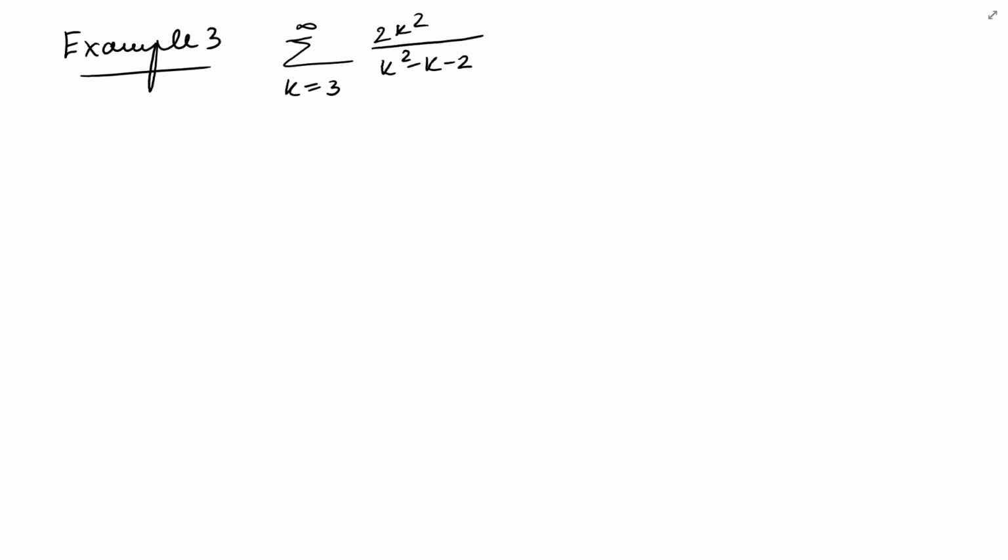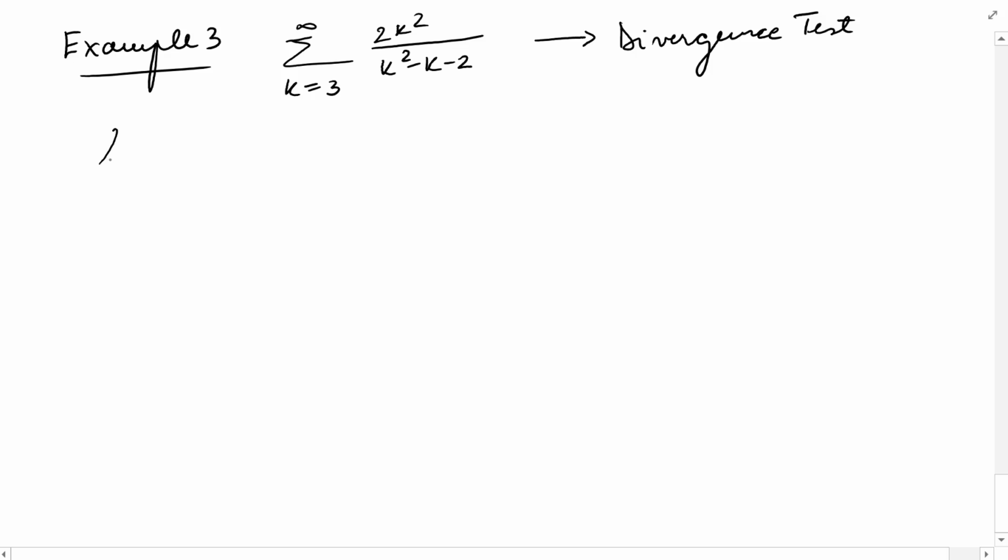Let's say we have the sum as k equals 3 to infinity of 2k squared over k squared minus k minus 2. The very first step that you should try all the time is the divergence test. So the limit as k is approaching infinity of 2k squared over k squared minus k minus 2.